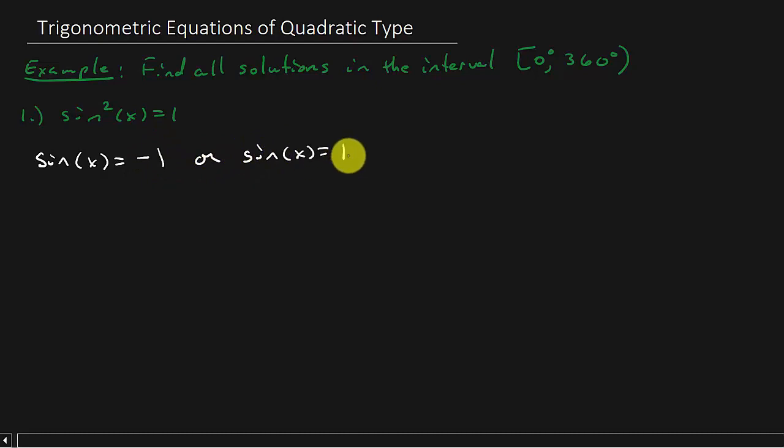Now remember what I've said: determine what quadrants, find your reference angle. But if you watched the other videos, you also heard me say if you've got sine or cosine equals 1, negative 1, or 0, that's one of the quadrantal angles like 0, 90, 180, 270, and 360.